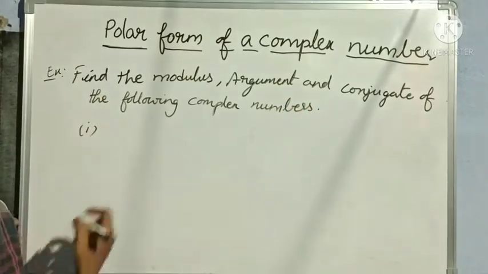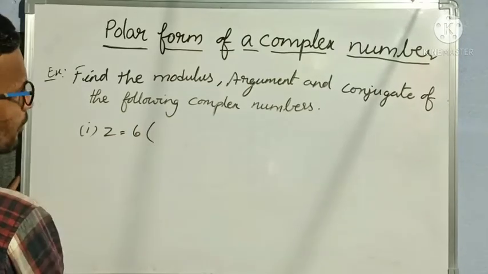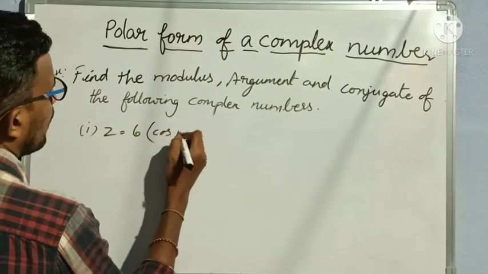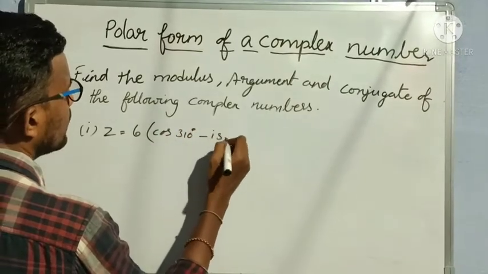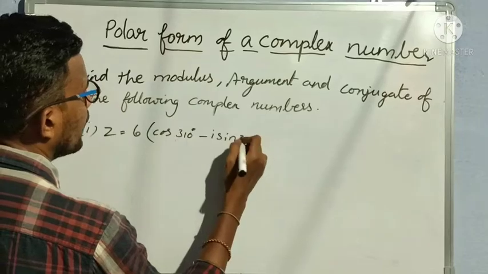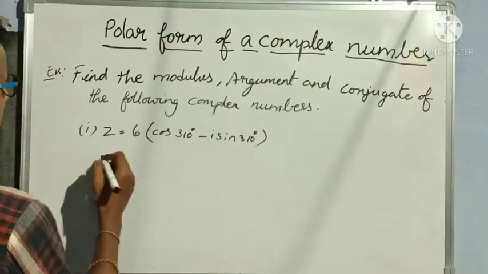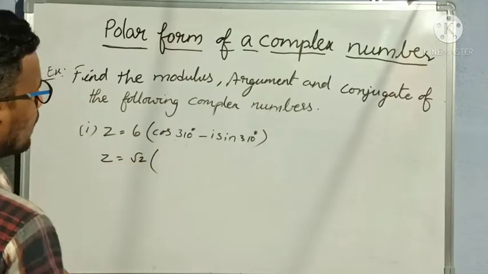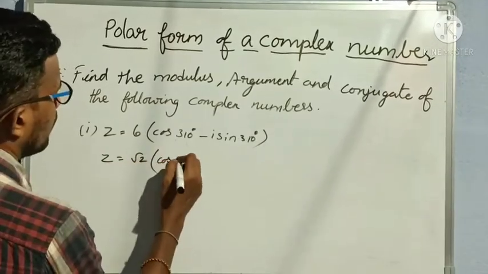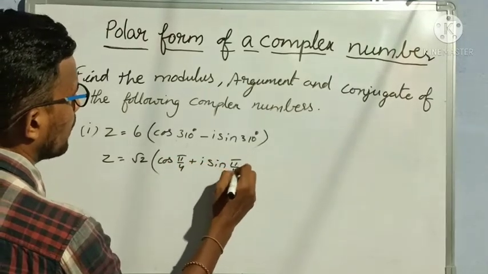First one, z is equal to 6 of cos 310 minus i sin of 310 degrees. Okay, next, z is equal to root 2 times of cos pi by 4 plus i sin pi by 4.